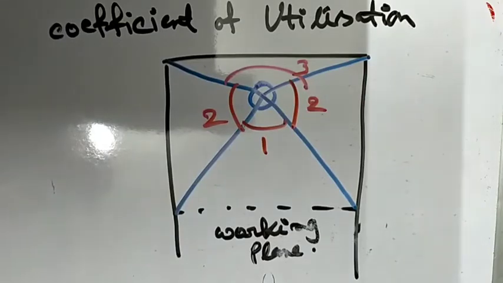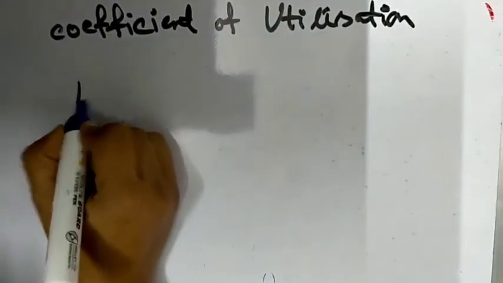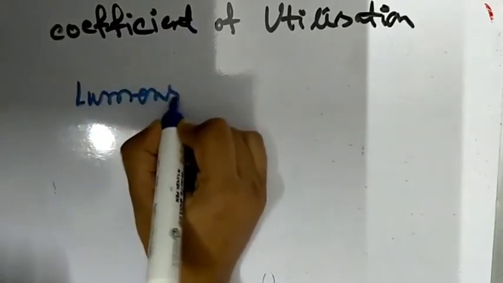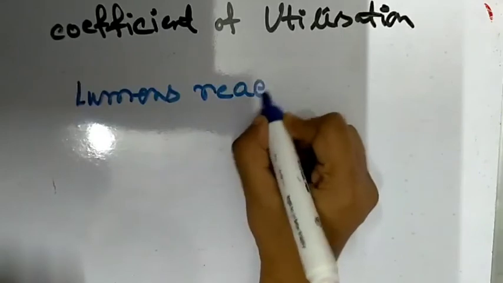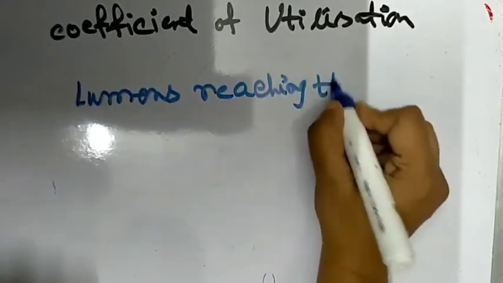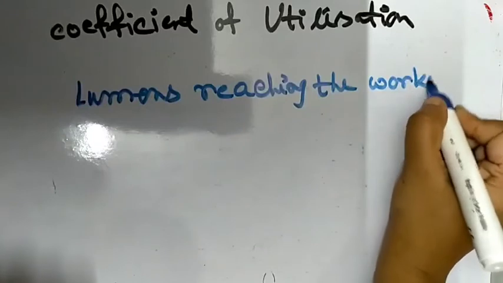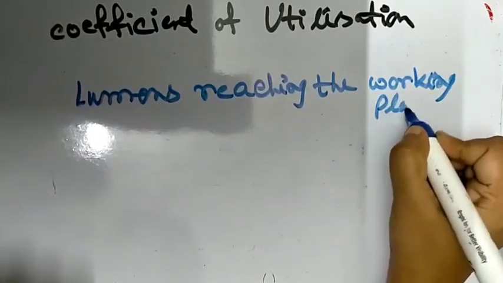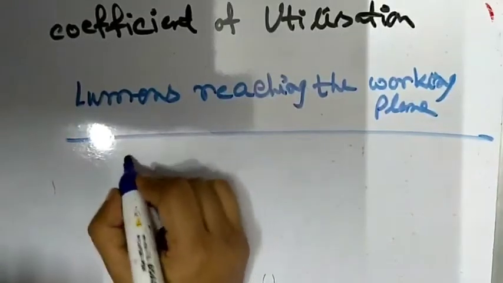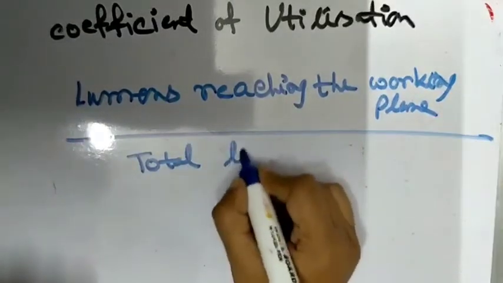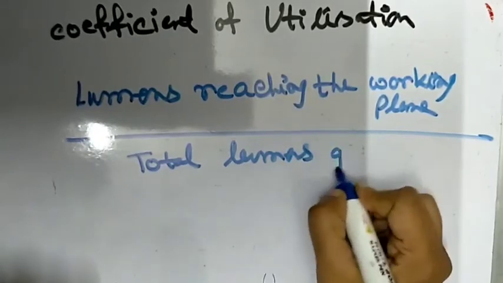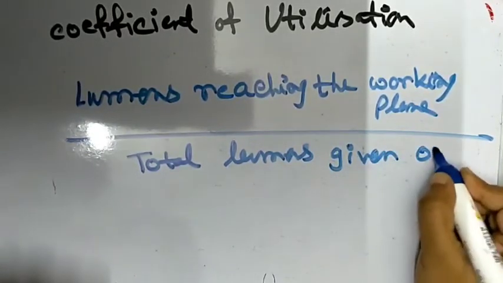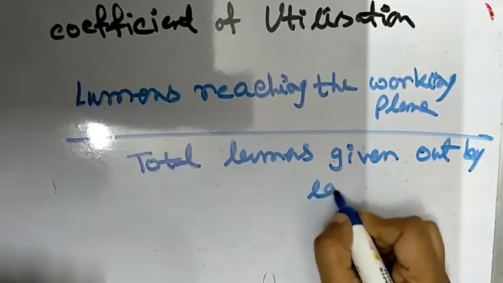So, coefficient of utilization is the ratio between lumens reaching the working plane by total lumens given out by lamp.